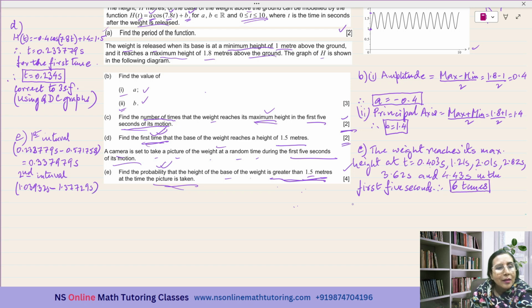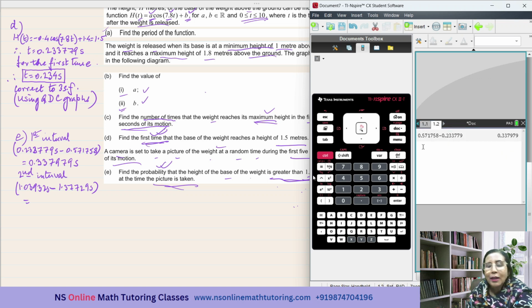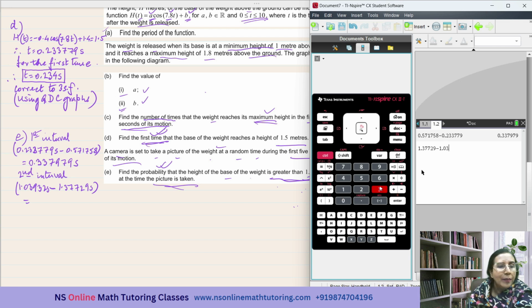1.37729 seconds. Because it is periodic, I really feel the interval should be the same, but let us just verify. 1.37729 minus 1.03932 is 0.33797, and the next digits should be 9.